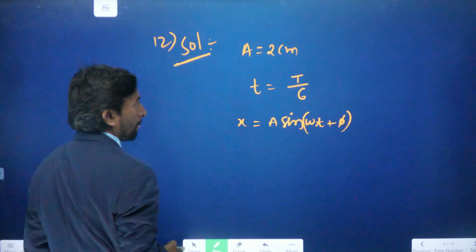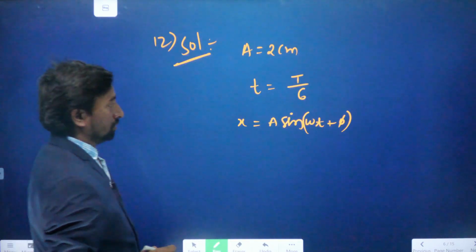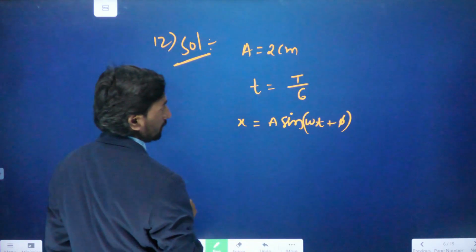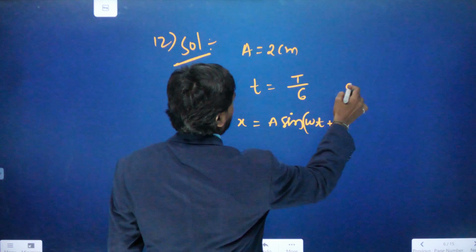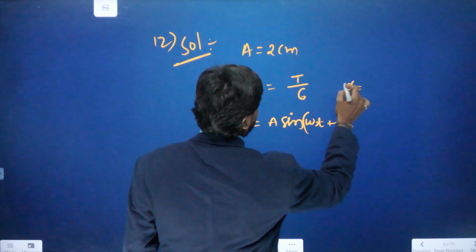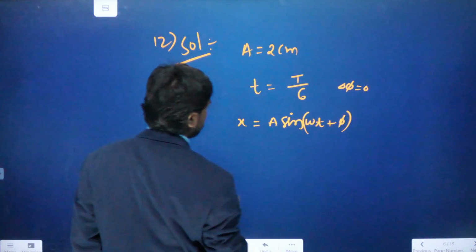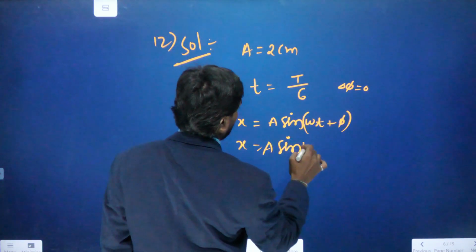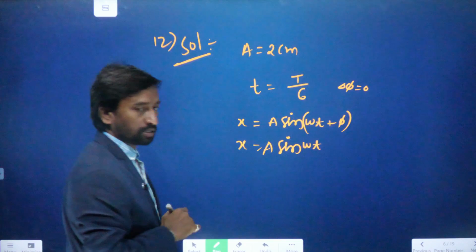Since it is the first particle, there is no need to take a phase difference for that particle, so phi is equal to 0 we can take. Then x is equal to a sin omega t. It is the first particle.